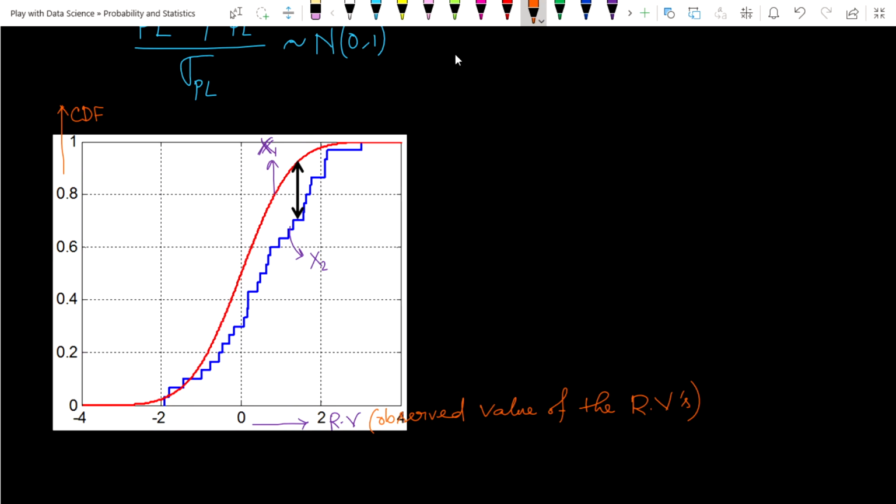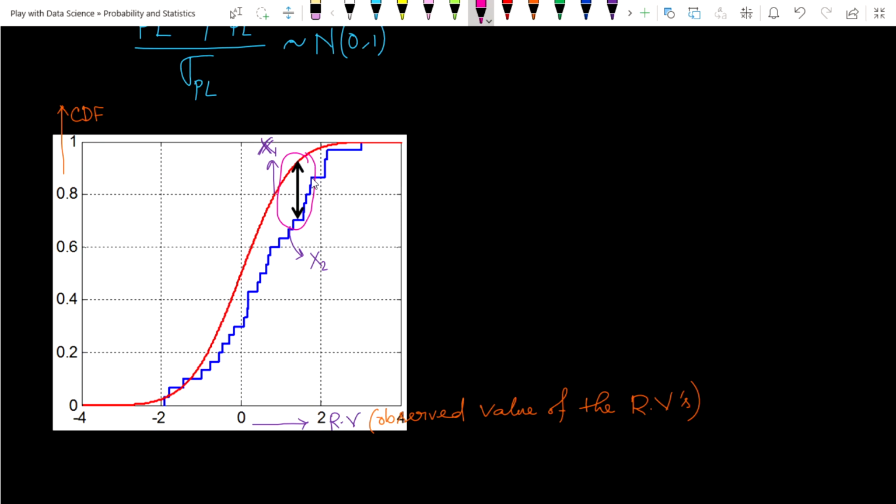The black line you see here is the maximum distance between the CDFs of these two random variables. This is actually the statistic that we have to build.